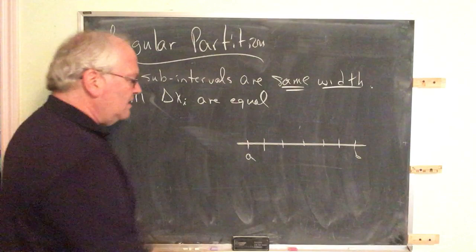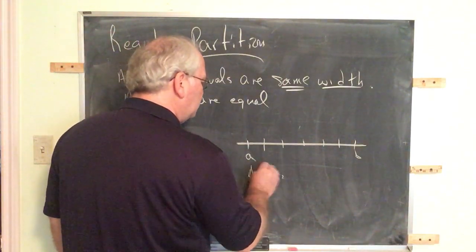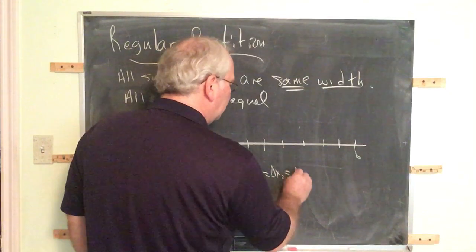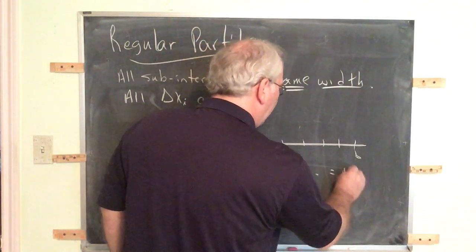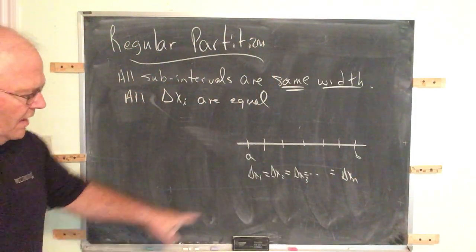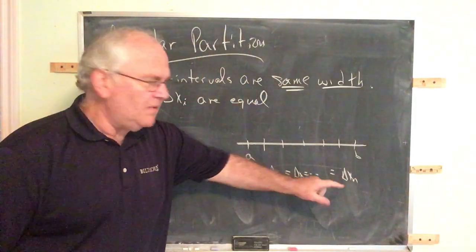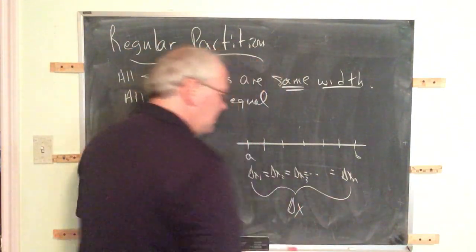Is it clear then delta x number 1 and delta x number 2 are equal, which is equal to delta x number 3, and that's equal to delta x sub n. And since they are all equal, there's no need to subscript them. We simply talk about delta x.